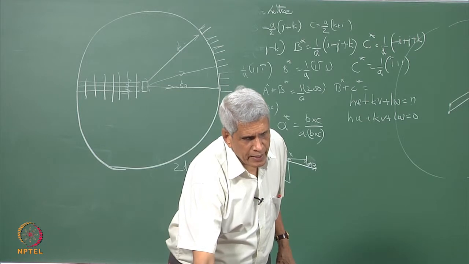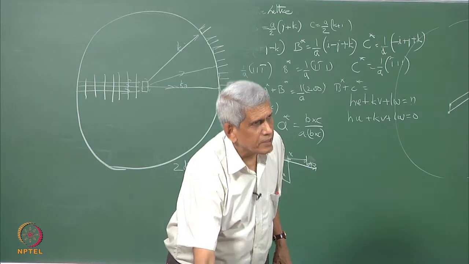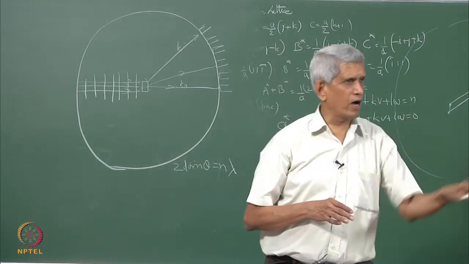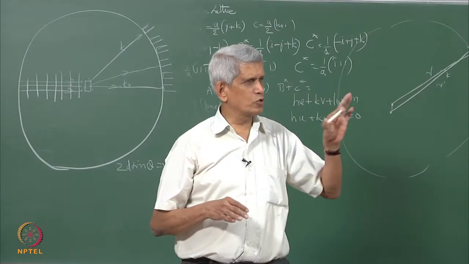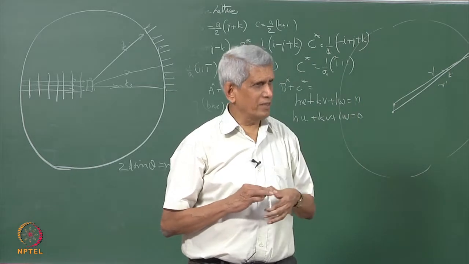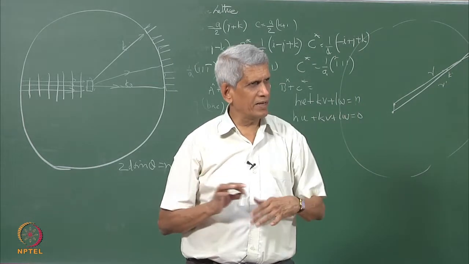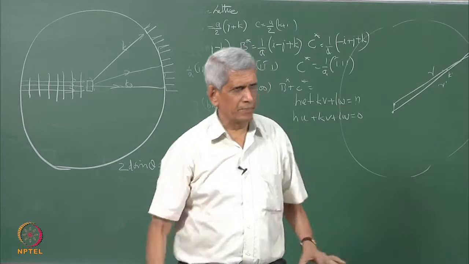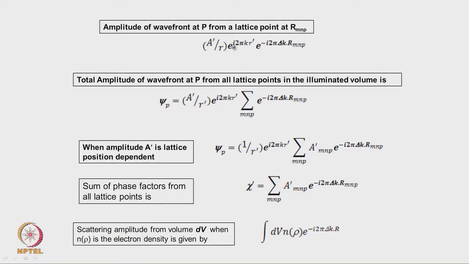This A dash by r that I have taken is an amplitude factor, which we have not talked about yet. It has to do with the scattering atom as well as the incident radiation. That part we will talk about later. What is interesting here is this factor e to the power of i 2 pi delta k dot R_mnp.